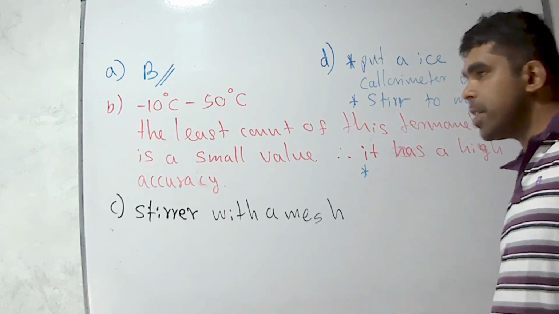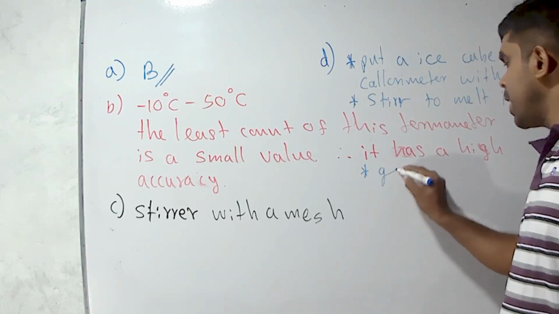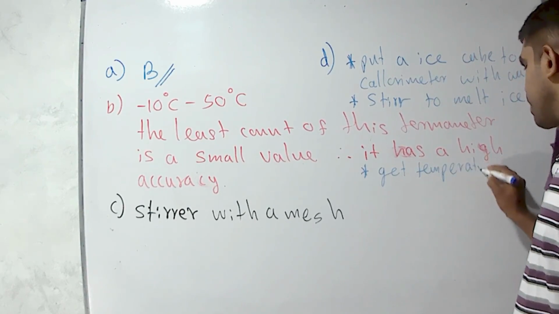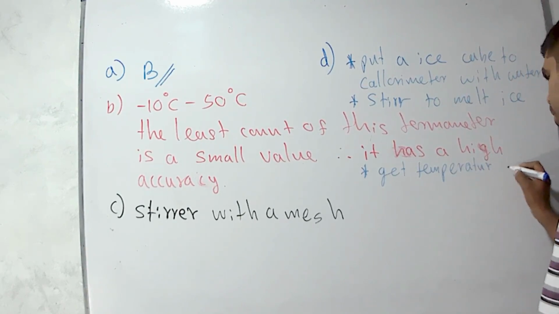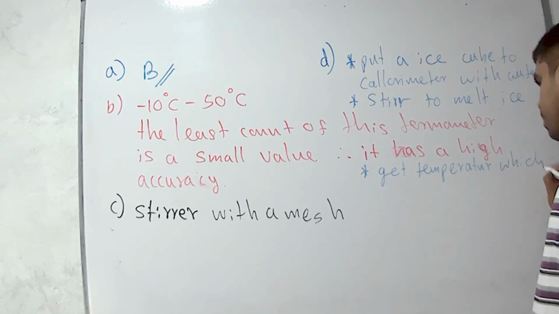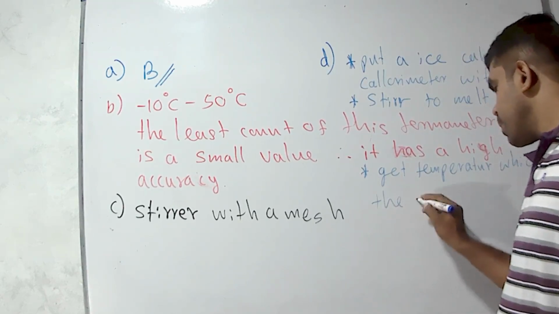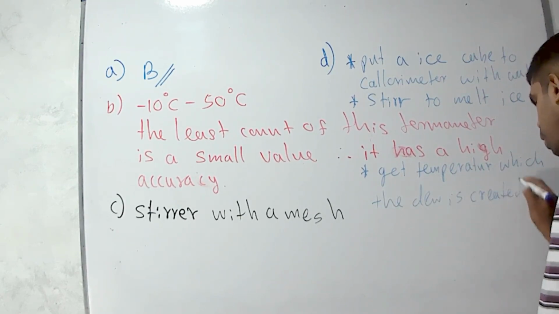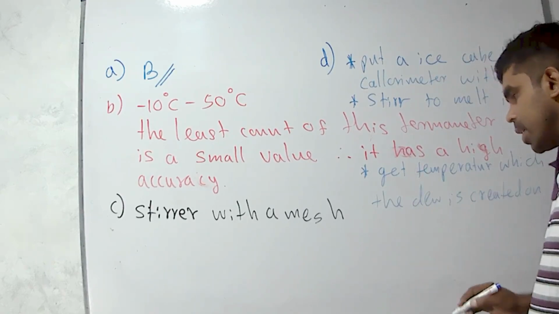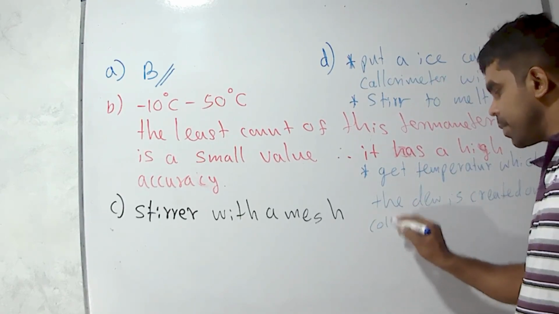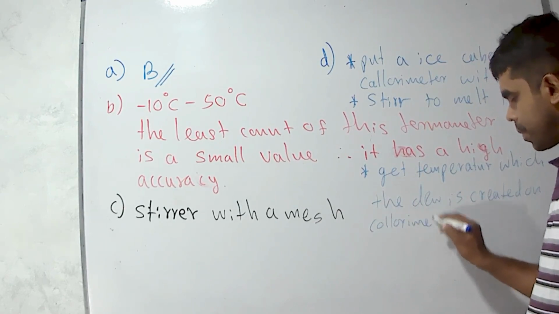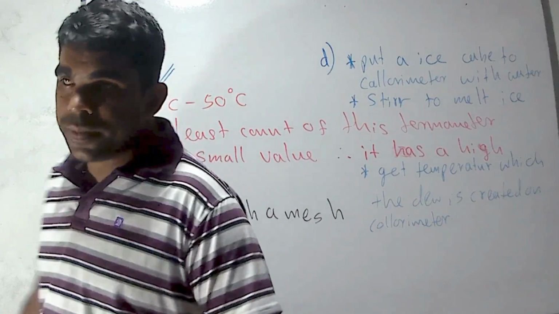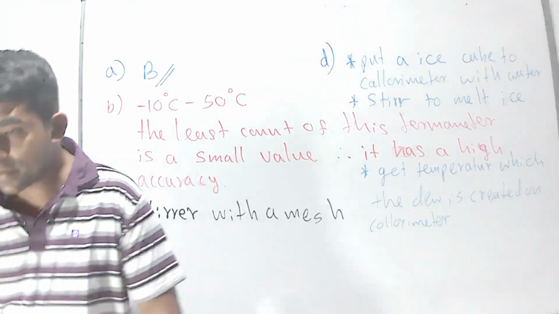Then third step is get the temperature at which the dew is created on the calorimeter. We can observe dew on the outer surface of the calorimeter.